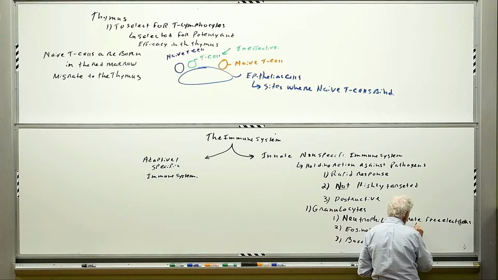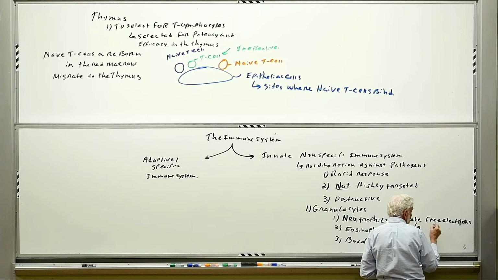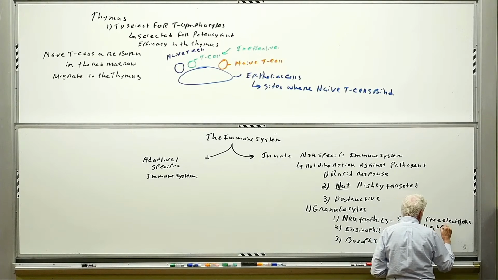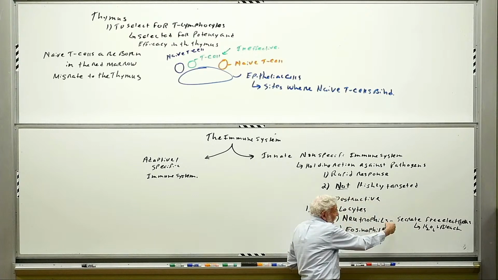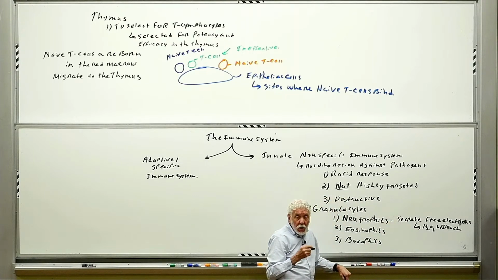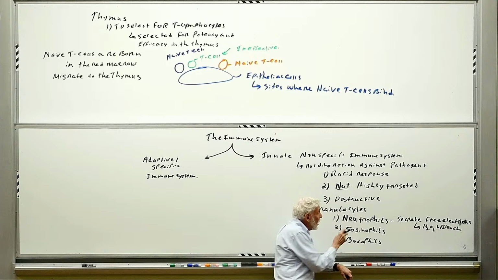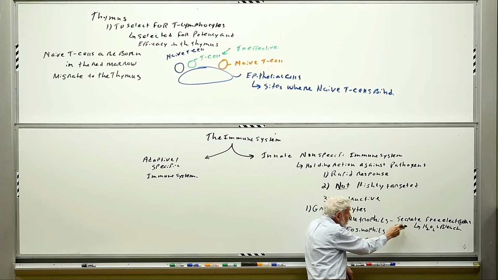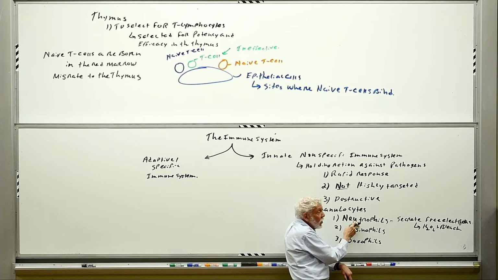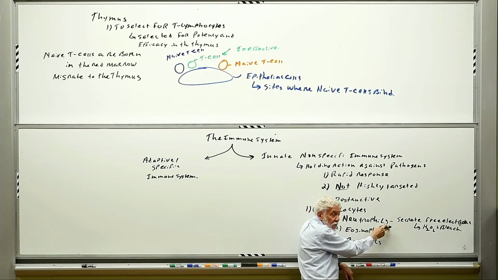And these free electrons will now produce things like hydrogen peroxide and bleach. These are pretty toxic kinds of molecules, but we're willing to entertain these toxic molecules in a local region so that we can fend off a pathogen, usually a bacterium.